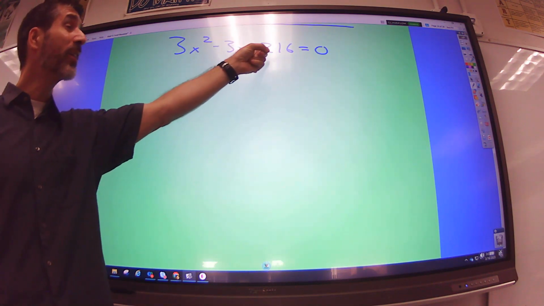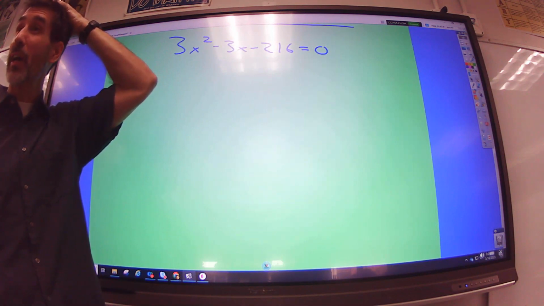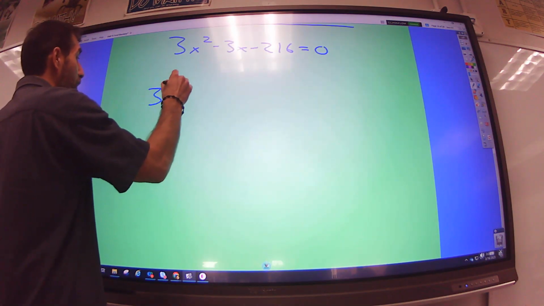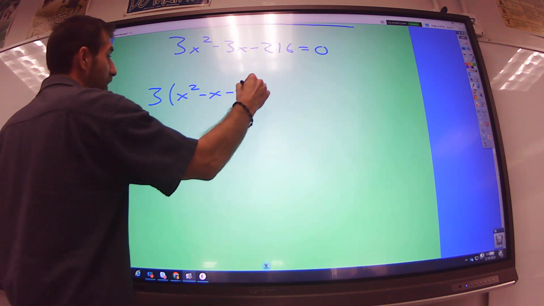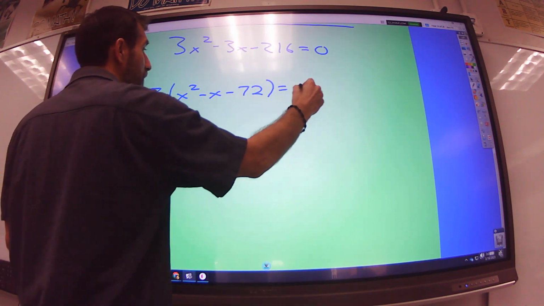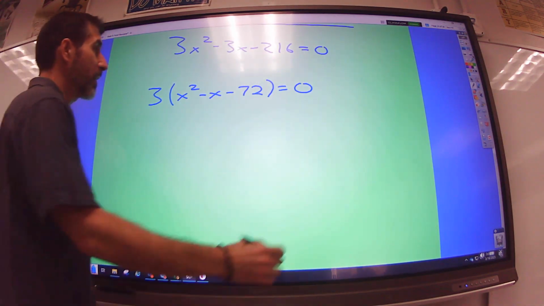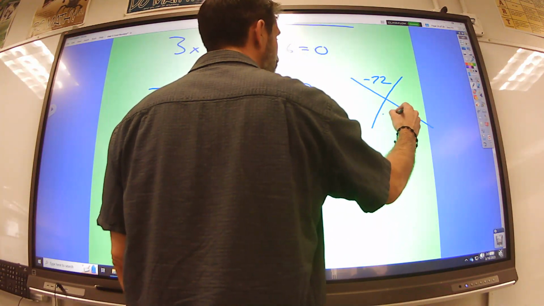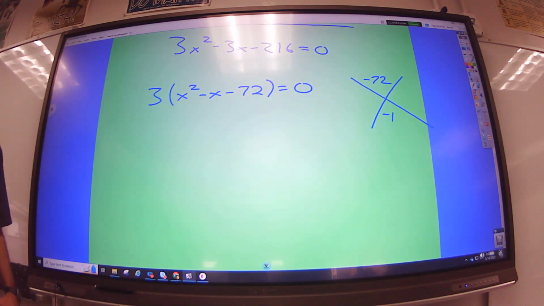72, if I factor out a 3. Now, I can just do the x, negative 72 over negative 1, right? To factor that out, what times what equals negative 72 and adds to negative 1? 8 and negative 9.